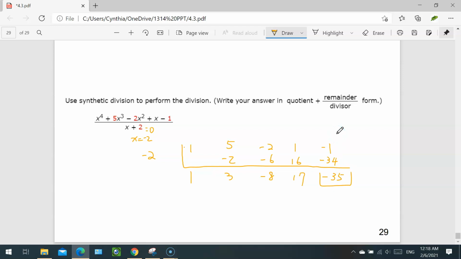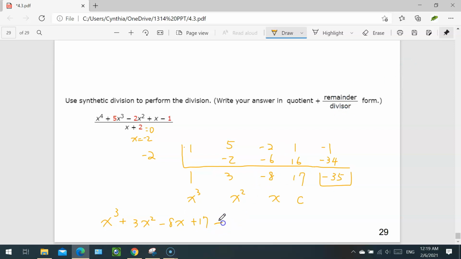Now how do we interpret the solution here? This is the constant term, this is the x term, the x squared term, and the x cubed term. So we write down the quotient. This is the quotient, right? So you have x to the power 3 plus 3x squared minus 8x plus 17.